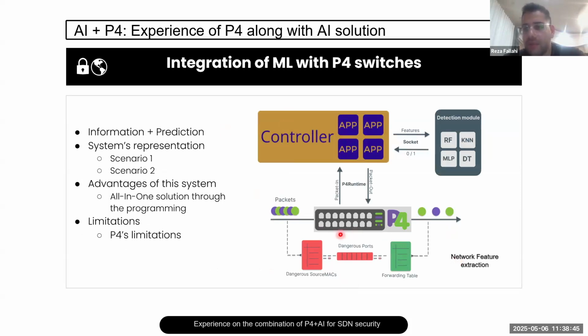We had this P4 extracting those 33 features live, and periodically, or just in case the controller detects some kind of suspicion of an attack, it will get that information, and the information will be fed to the external detection module, which consists of, for example, random forest, KAN, MLP, and decision trees, and they will provide me with the feedback.